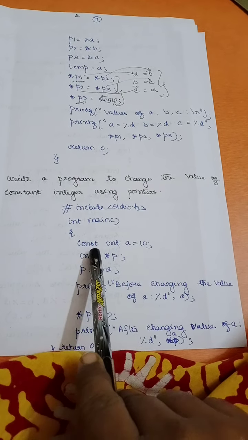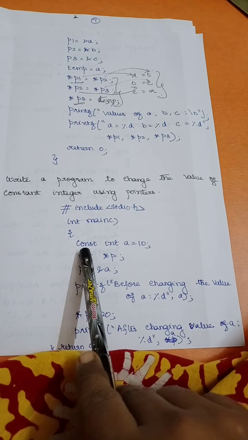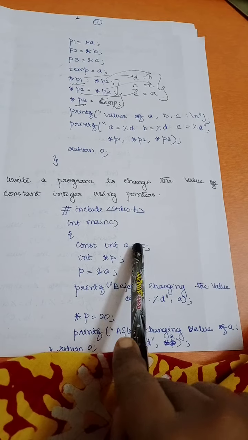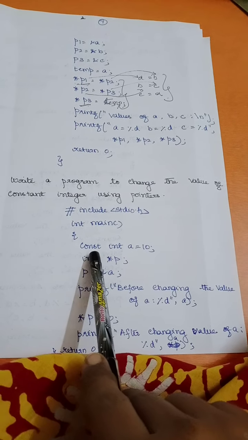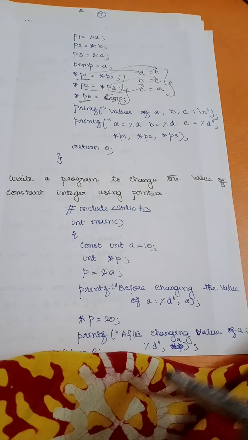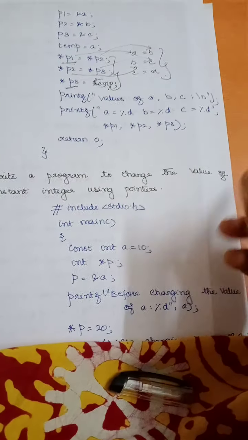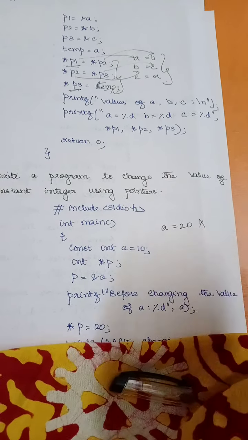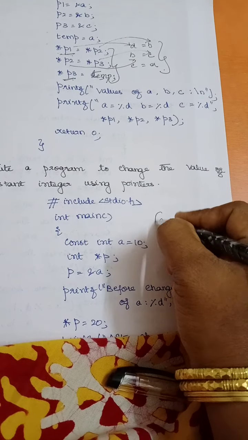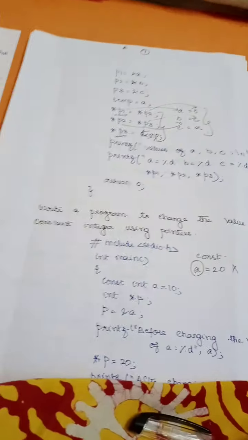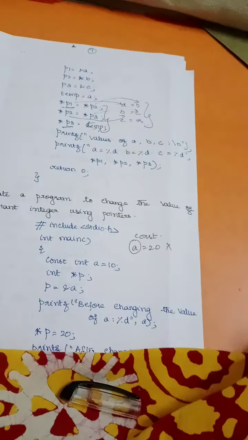So here I have declared A to be a constant variable and it is going to have the value 10. This 10 is going to be same throughout my program. Now in the program, if I try to assign A is equal to 20, it will give you an error. Why? Because A is going to be constant. Once I declare a variable to be constant, it cannot be changed.